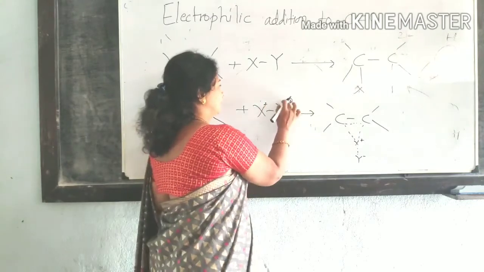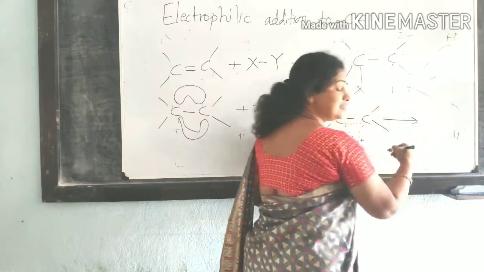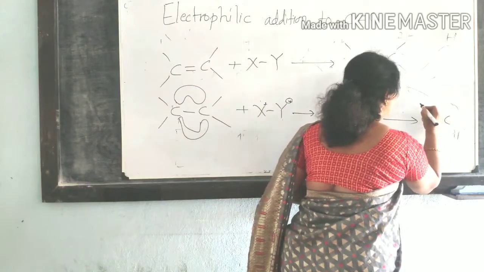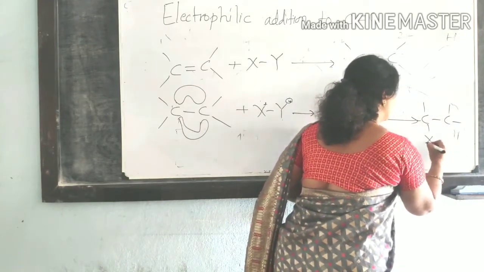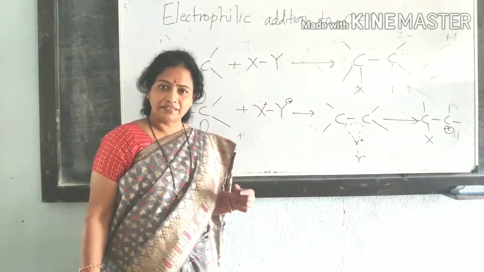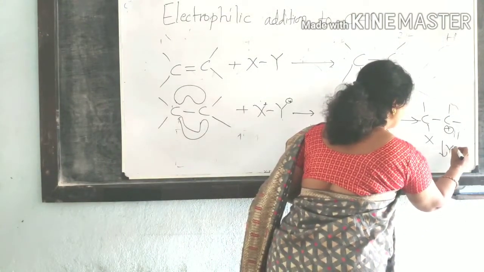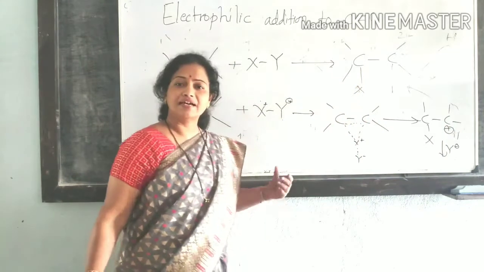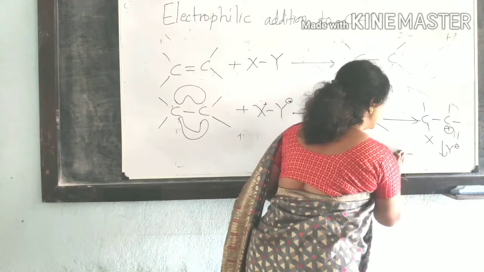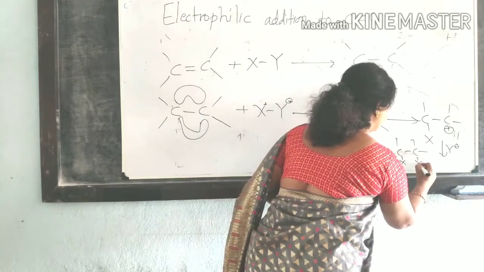Now, in the second step, this pi complex rearranges itself to form the carbocation like this, and we get this carbocation. Then to this carbocation, the nucleophile Y minus gets attracted, which converts it into the addition product, and we get this addition product.